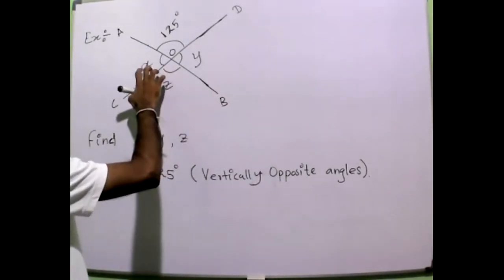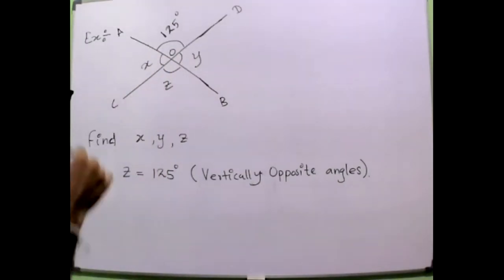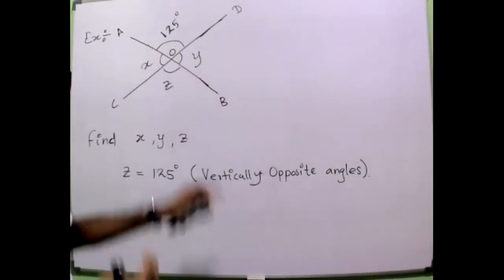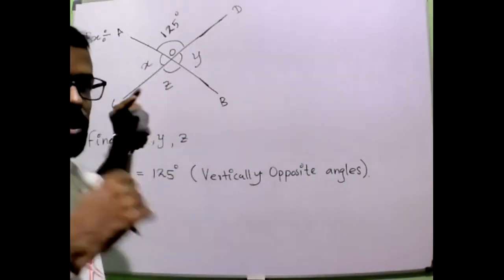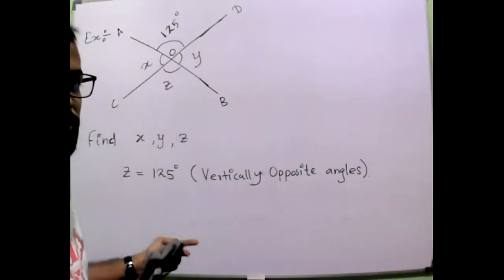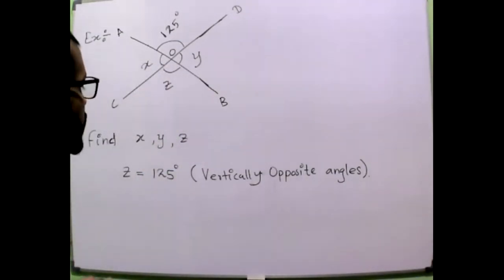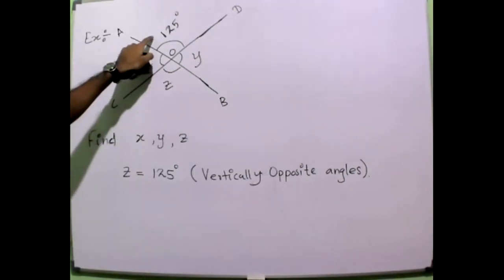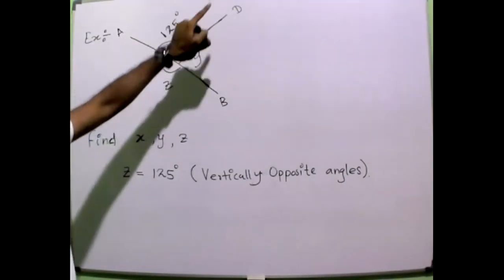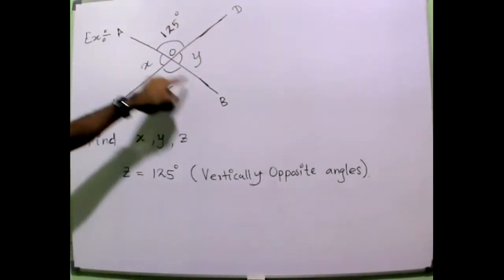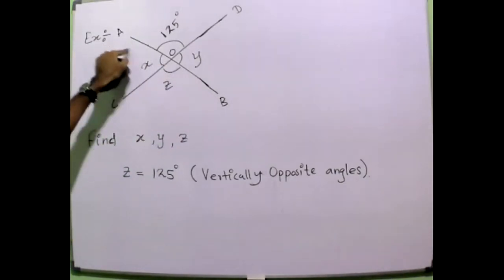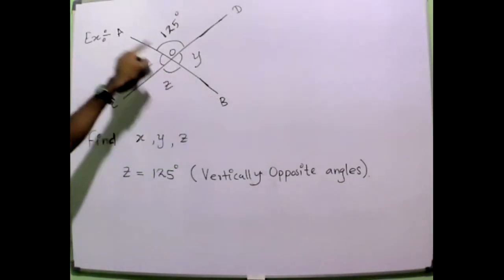And how to find the values of x and y? There are several ways. You can find the values of x and y by whatever method you want. But now, AOD is 125, and AB is a straight line.